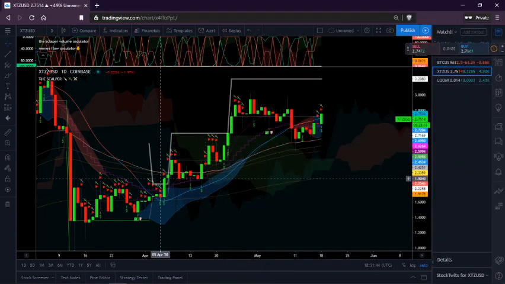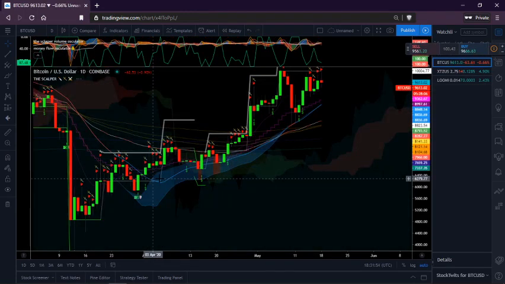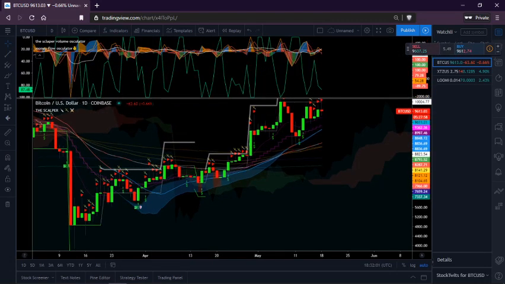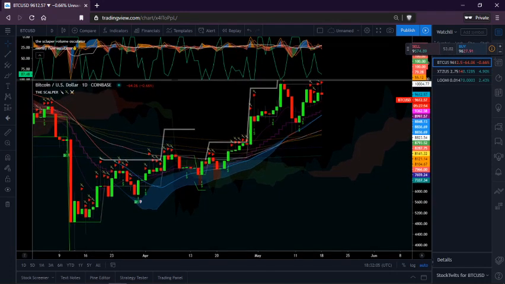Alright, so going further into how my indicator works, I'm gonna go back to Bitcoin just so I can show you. Bitcoin is a much more difficult display to read. So I'm in this part of the sphere that's being displayed right here.